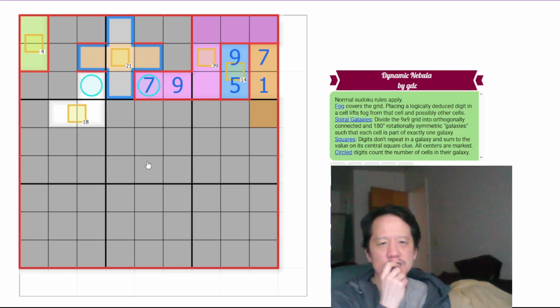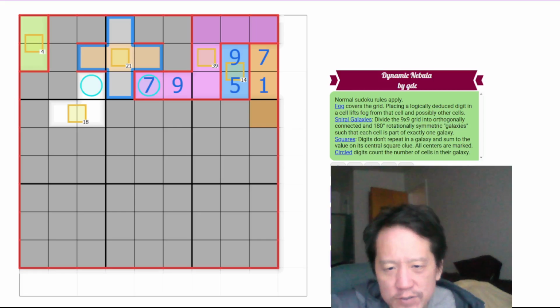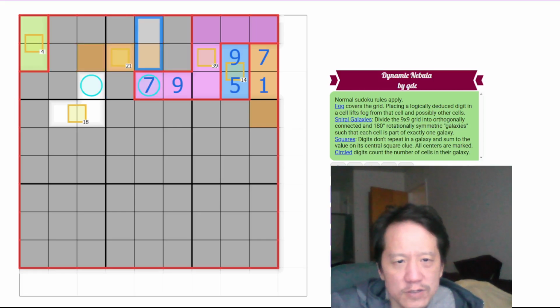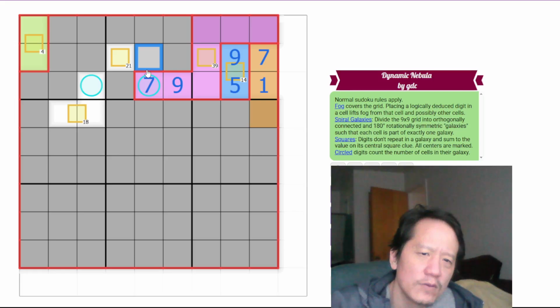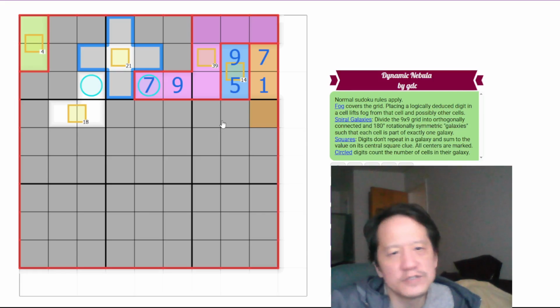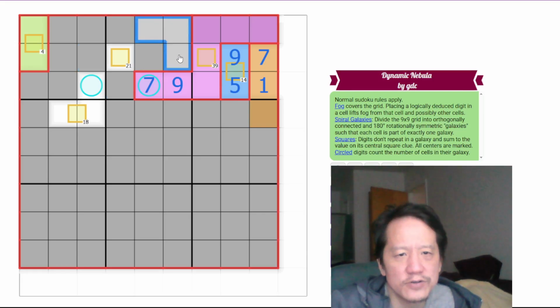Huh. That's a little problematic. Okay, so was my logic wrong? Okay. We try without these two, right? But this doesn't work, right? Because this is not 180 degrees symmetric. It does have to be this way, right?